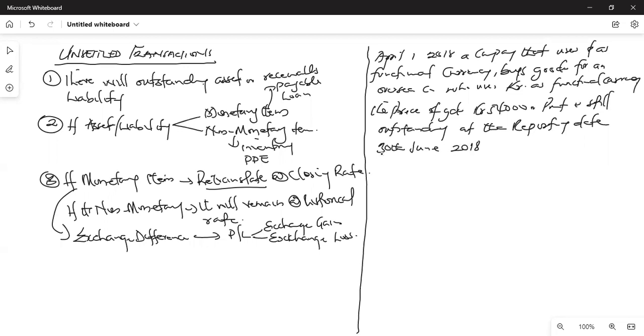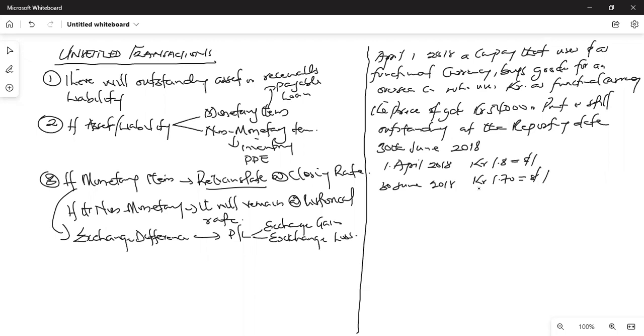And we have these exchange rates. So on April 1, let's say April 1, 2018, you have 1.8 is to $1. Then at the reporting date, which is the 30th June 2018, which is, let's say 1.70 is to $1.